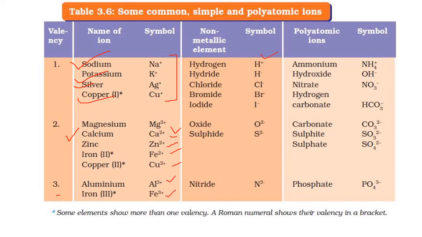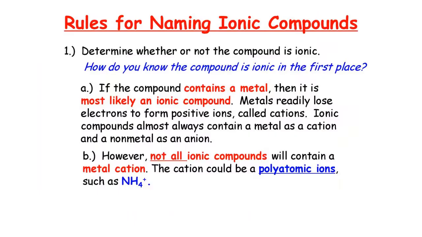These are the positively charged metals and the negatively charged non-metals. Here also these are the polyatomic ions. Ammonium has nitrogen and 4 hydrogens, so it is polyatomic. So this is how, according to the valency, they have the ions.